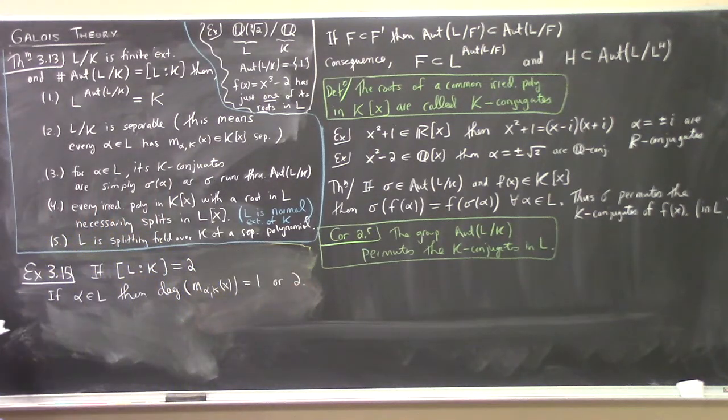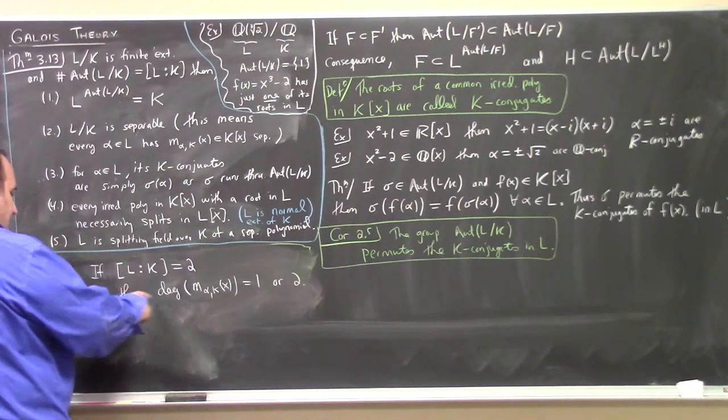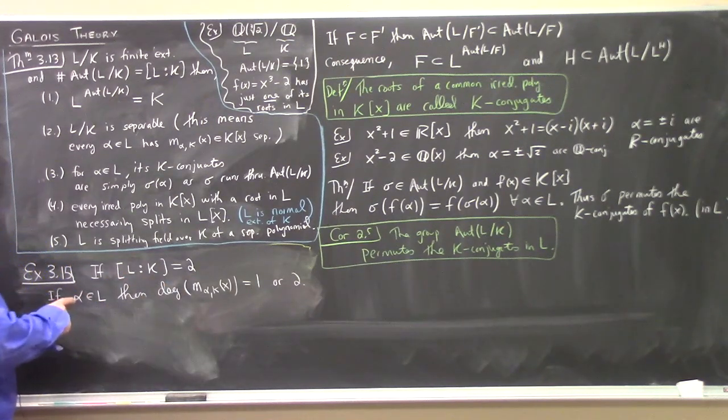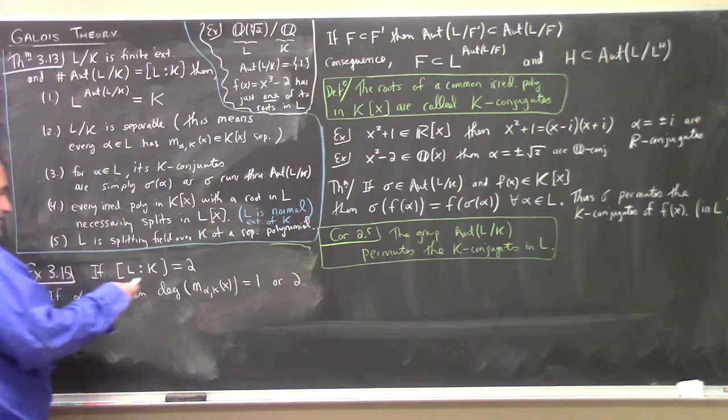Why can't it have degree 3? If L over K is degree 2, then the minimal polynomial of alpha... No, I mean, remember this?